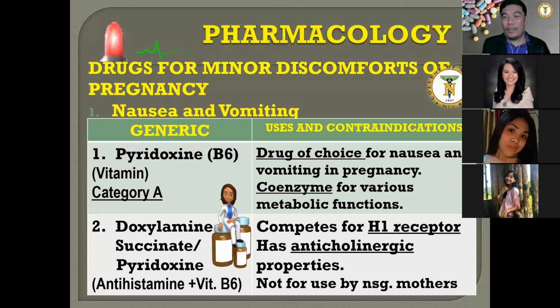We said that when we discussed the pharmacokinetics of elimination, that one of the minor excretion routes is the breast milk. So that comes from the breastfeeding. So the pyridoxine or vitamin B6 is the drug of choice.